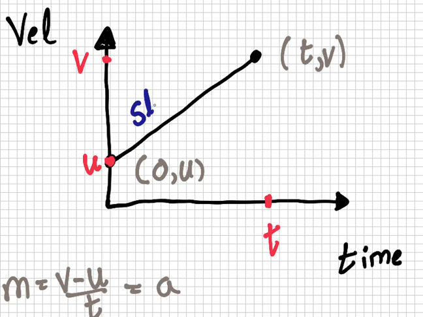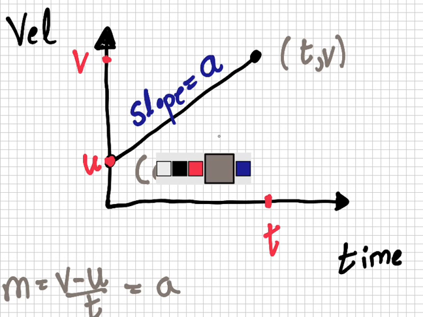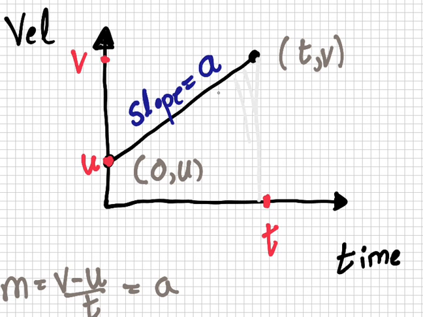The slope equals the acceleration. First result. Okay, and then second result, what I'm going to do, if you can see that, is I want to calculate this area.